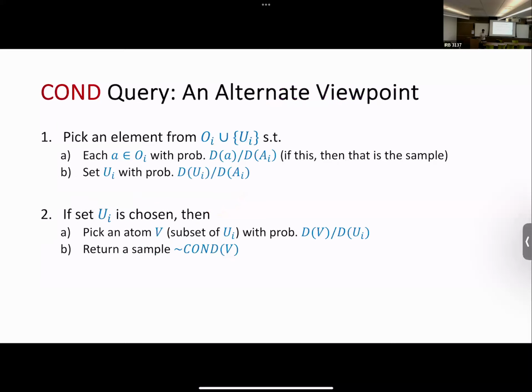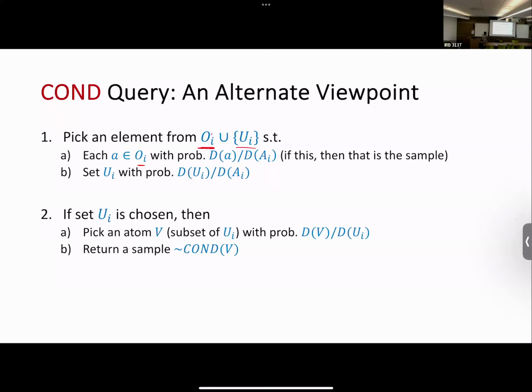So now we can visualize a conditioning query in the following way: first, it will pick either one of the elements from this already sampled set O_i or this unseen set U_i itself. The algorithm will not actually perform it that way, but you can try to visualize it that way: either it will sample something from O_i or it will sample this whole subset as it is.